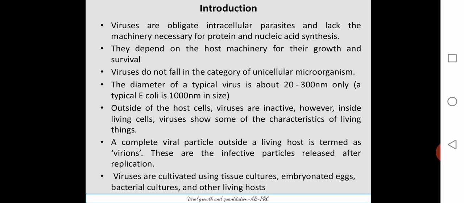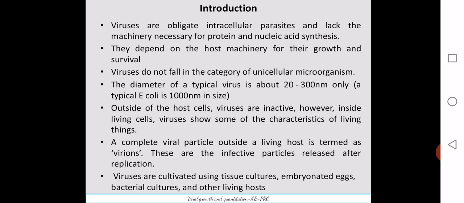They are sometimes considered non-living particles also, because when these viruses are outside a host cell, they do not show any features of a living material. They simply act as a particle outside a cell, and when they enter a living organism, they show the properties of a living feature.